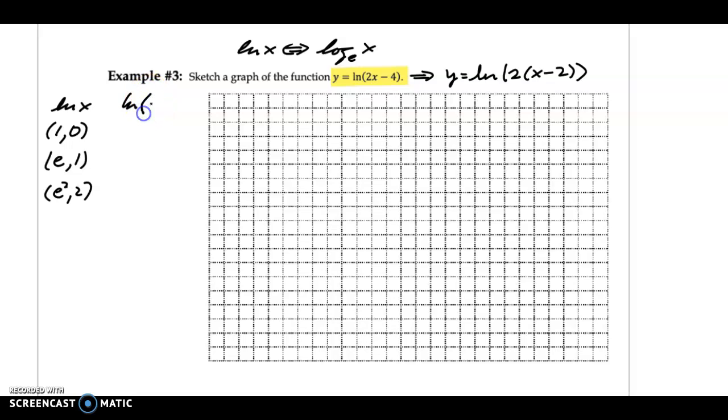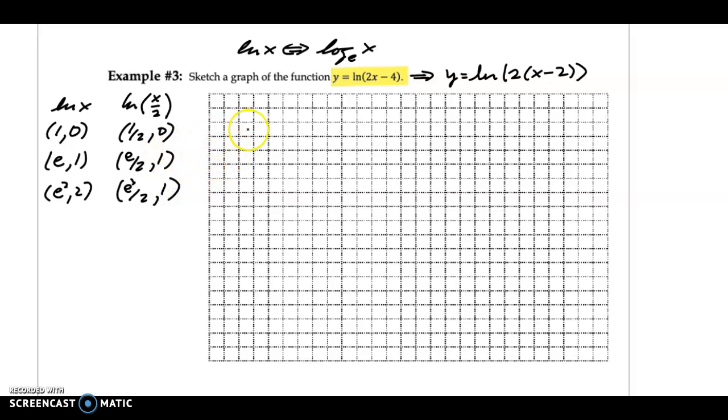This is just going to be x divided by 2. So I'm going to have a half here, 0, and then e over 2, 1, and then e squared over 2, 2.